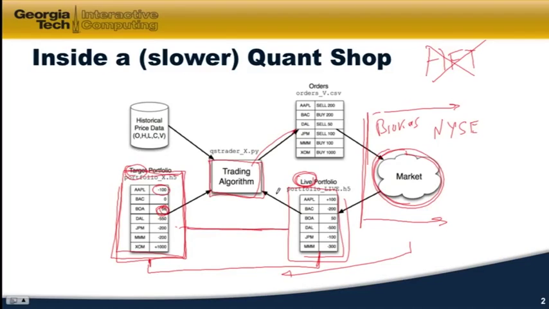Now, something that's important to point out: you might wonder, okay, my target portfolio is I want to be short Apple 100. My current portfolio is that I'm long Apple 100. So to get there, I may want to sell 200 shares of Apple. So you might ask, well, why isn't my trading algorithm just to take the difference and issue the orders to make that happen?